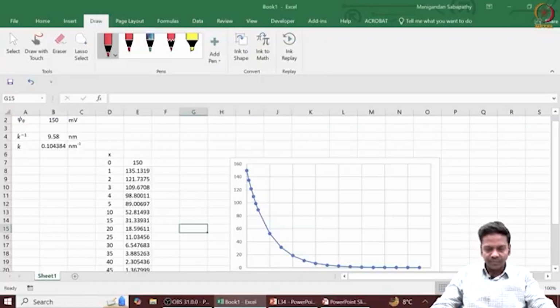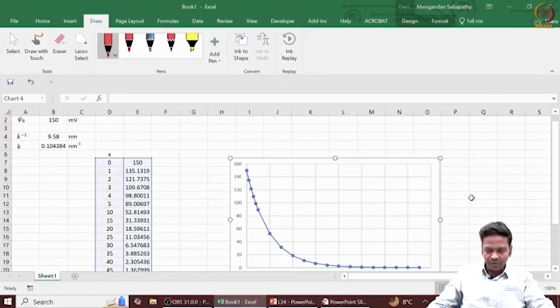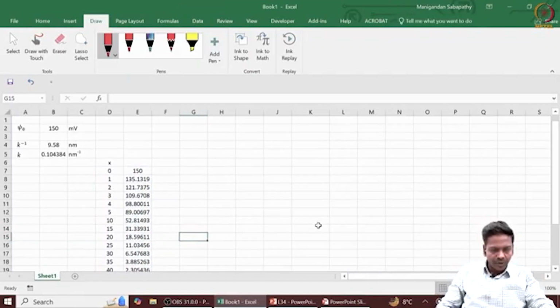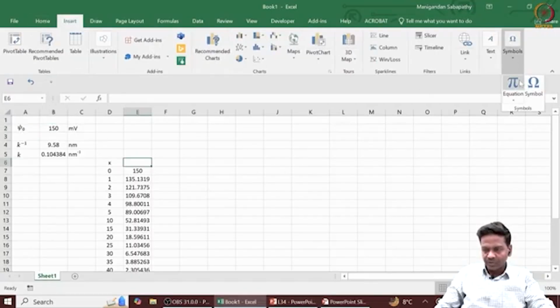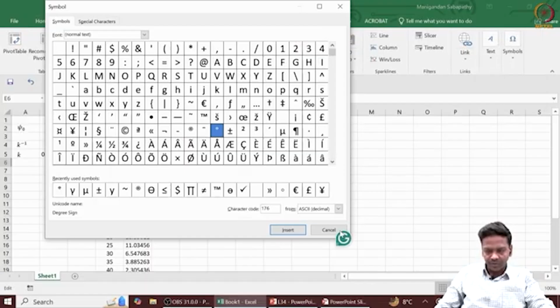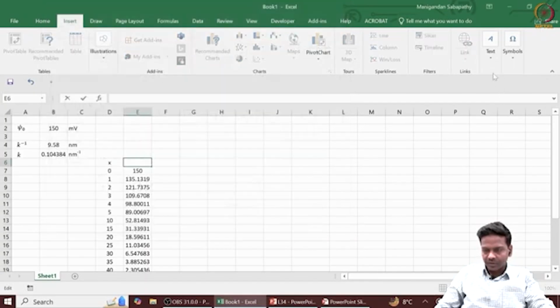Yeah. So let's say we have come here. First we know what psi naught is, which is 150 millivolt. And this is psi. Let me put this symbol for you so that this will be clear.